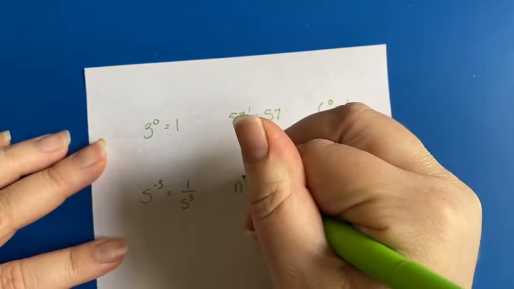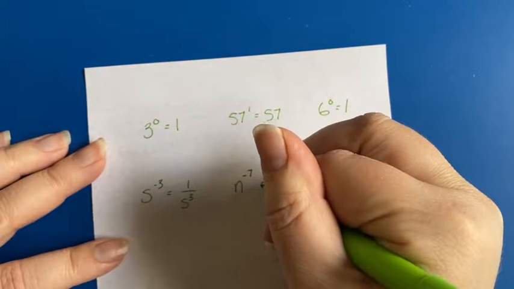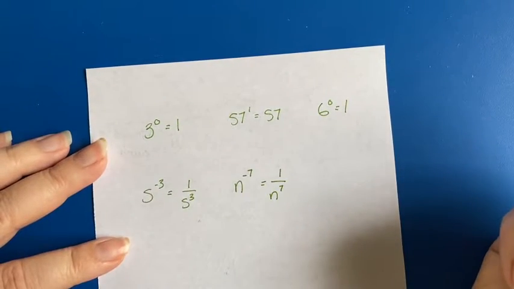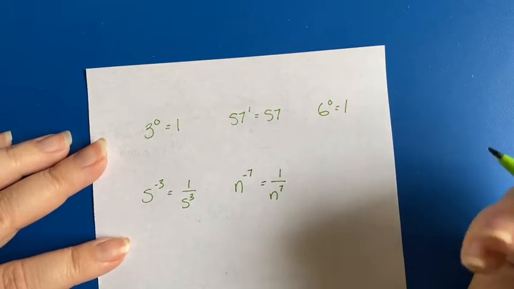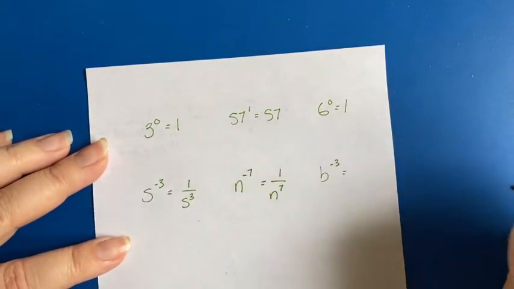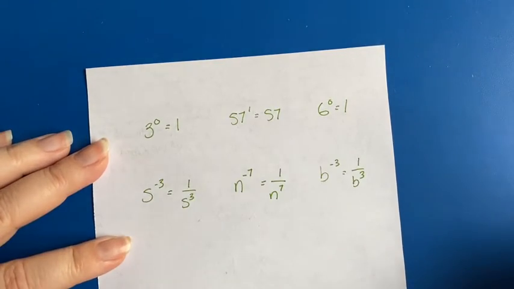If you have n to the power of negative 7, you would simplify that to 1 over n to the power of 7. If you have b to the power of negative 3, you would simplify that to 1 over b to the power of 3.